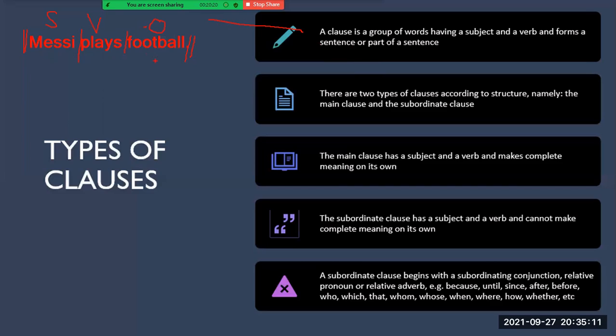Again, if you check the description section, you will find a video I have uploaded on types of sentences. And in that video, you will find 6 different types of sentences: the simple sentence, the compound sentence, the complex sentence, the compound complex sentence, the multiple sentence, and the multiple complex sentence. You will see these 6 different types of sentences according to structure.